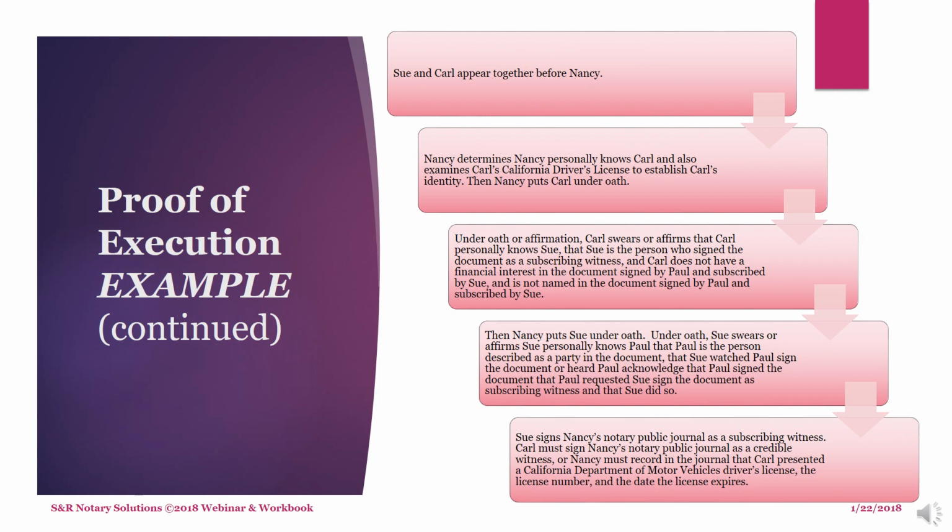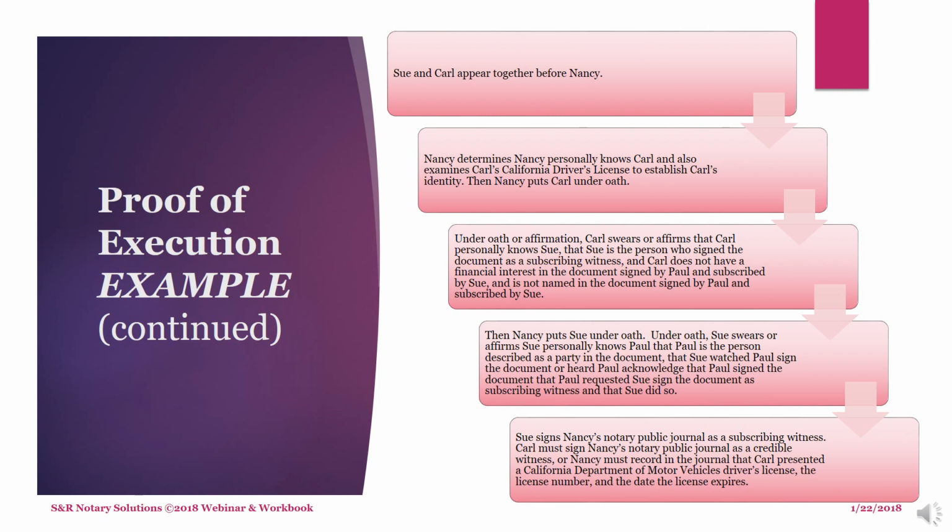Sue and Carl appear together before Nancy. Nancy personally knows Carl and also examined Carl's California driver's license to establish Carl's identity. Then Nancy puts Carl under oath.